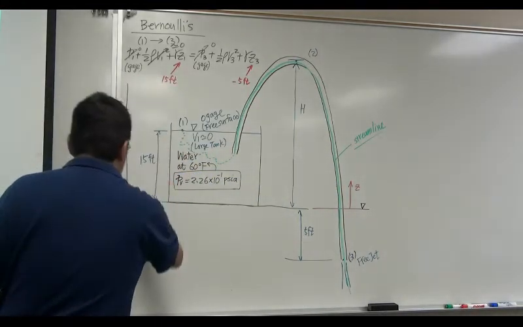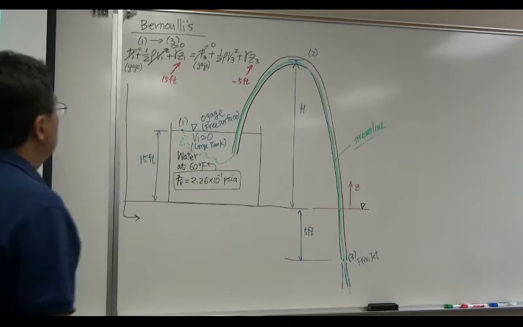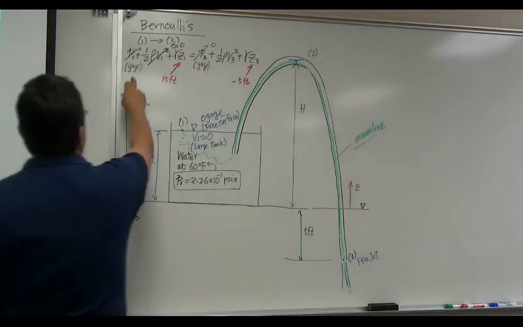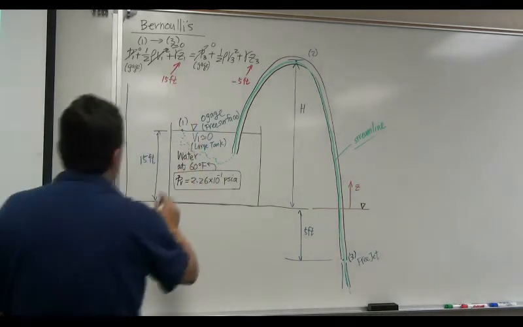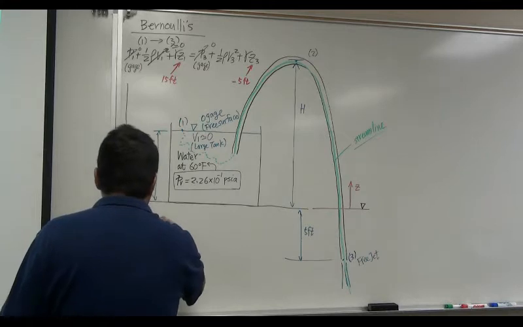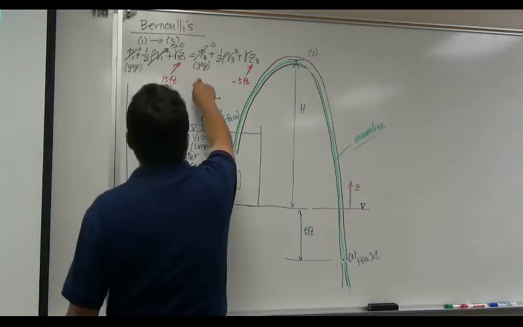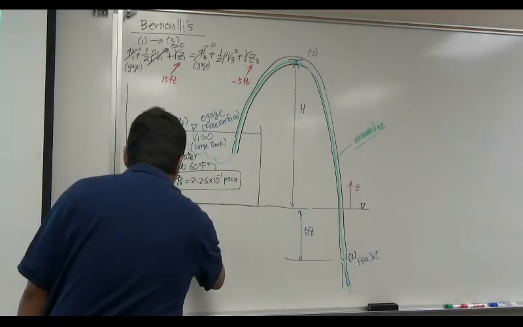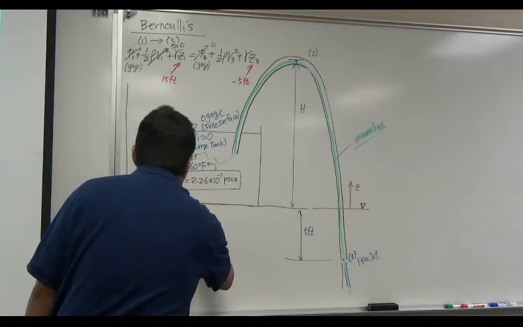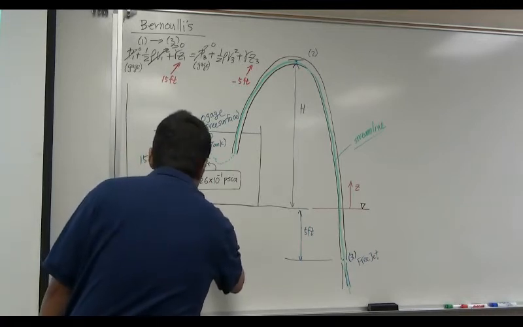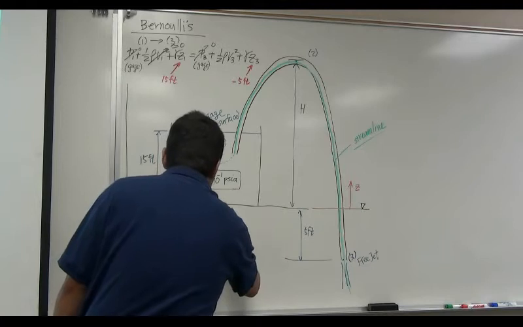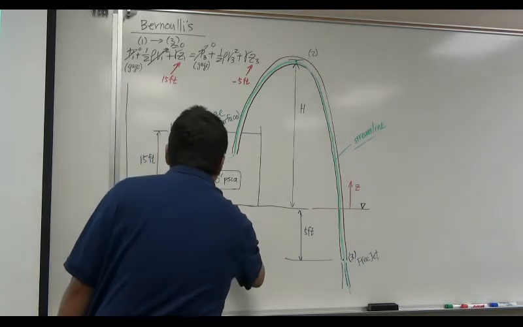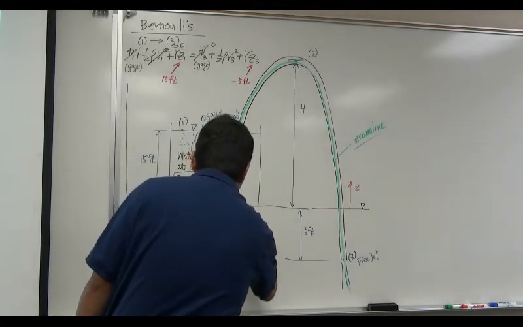So this now becomes, these are 0 and 0, this is gamma Z1 is equal to 1/2 rho V3 squared plus gamma Z3.